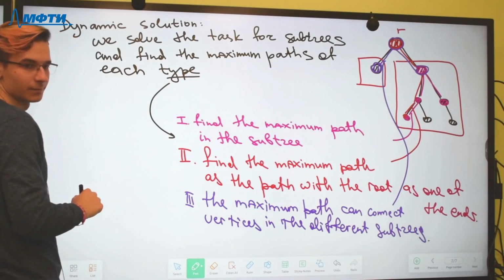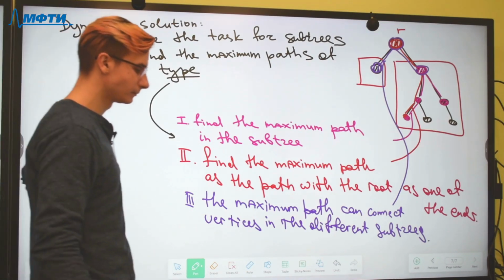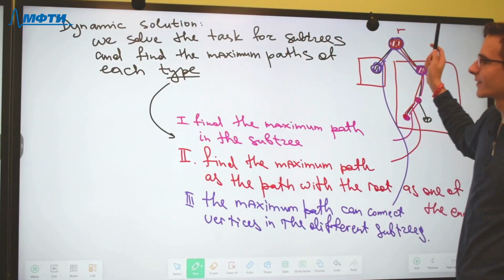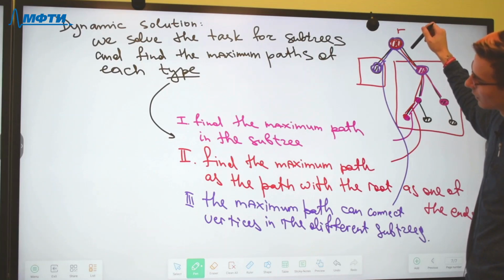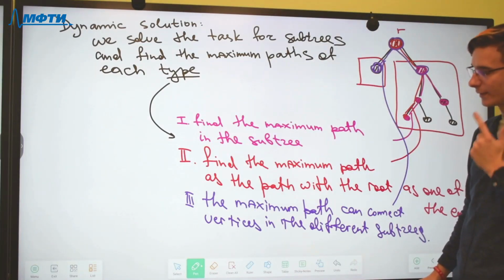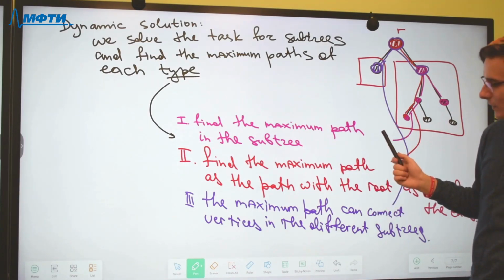These steps, 1, 2, 3. And then we find the maximum paths for the roots of these three types, and then compare them and find the longest.